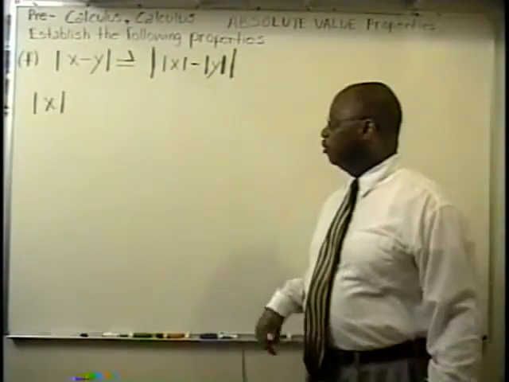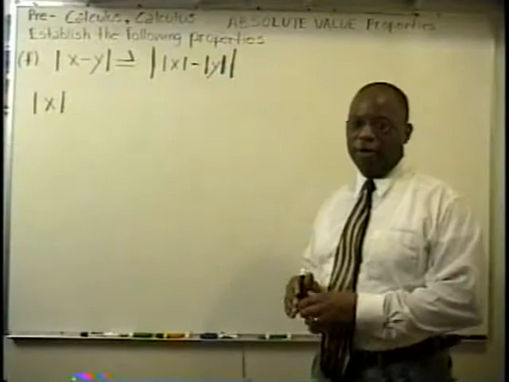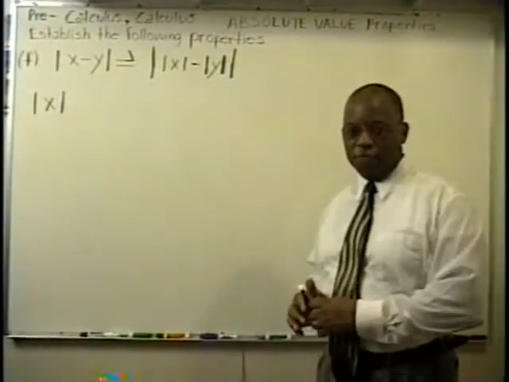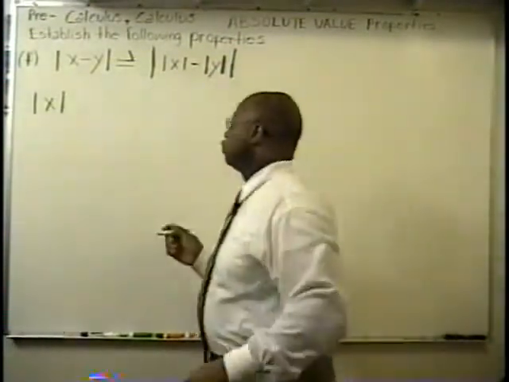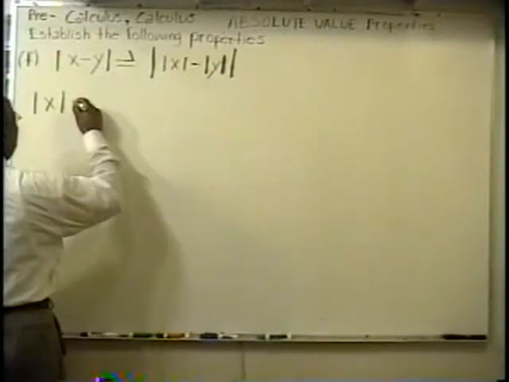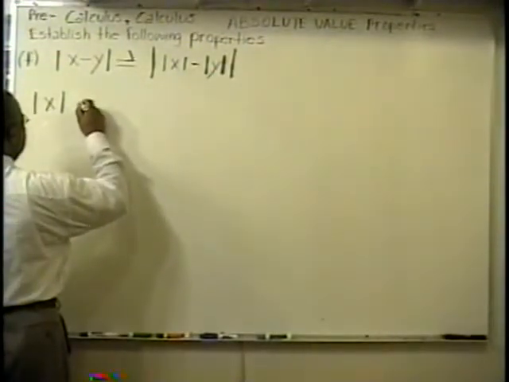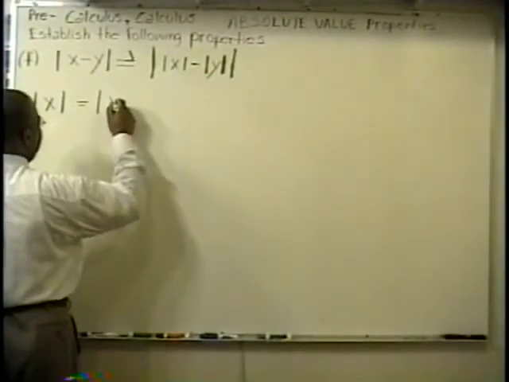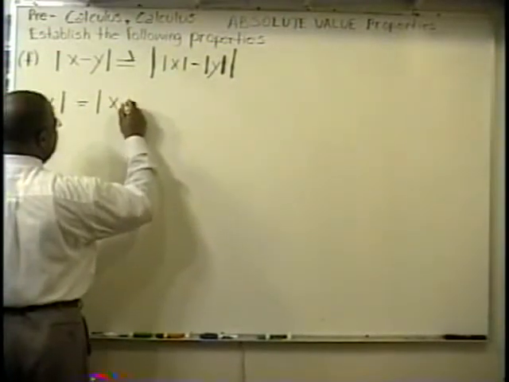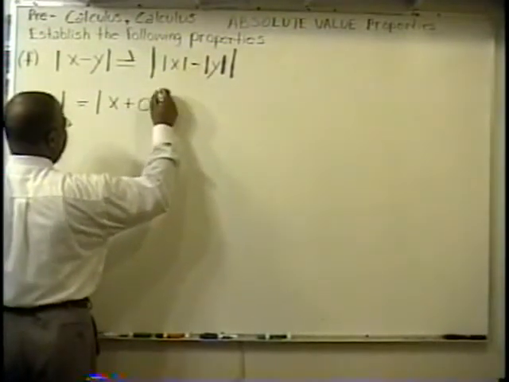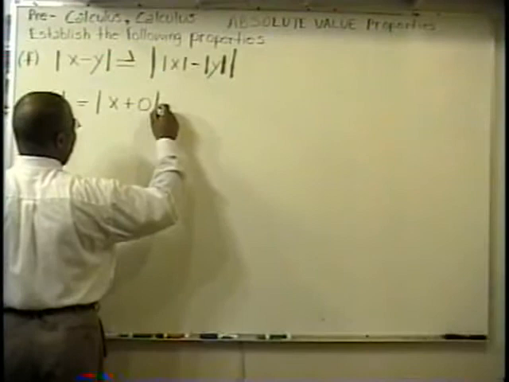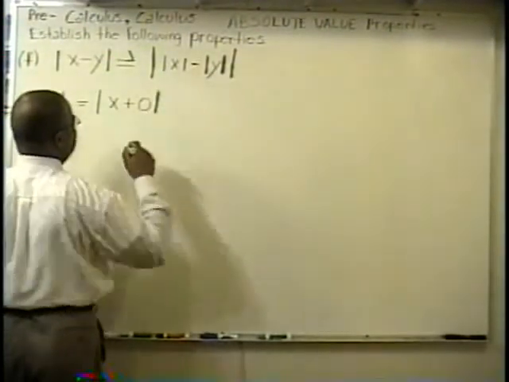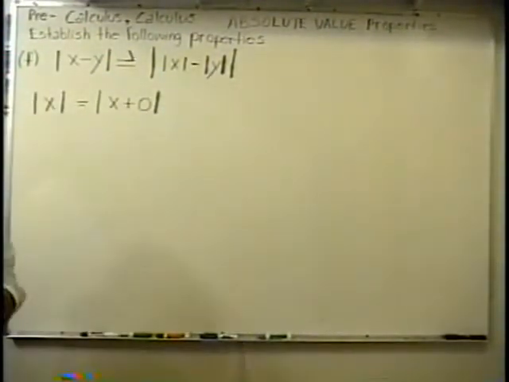By adding 0, I don't change the problem at all. That's the next step in our algebraic trick. So now we have the absolute value of x plus 0. By placing 0 in there, I am not changing the problem at all. There goes the beginning of our trick.